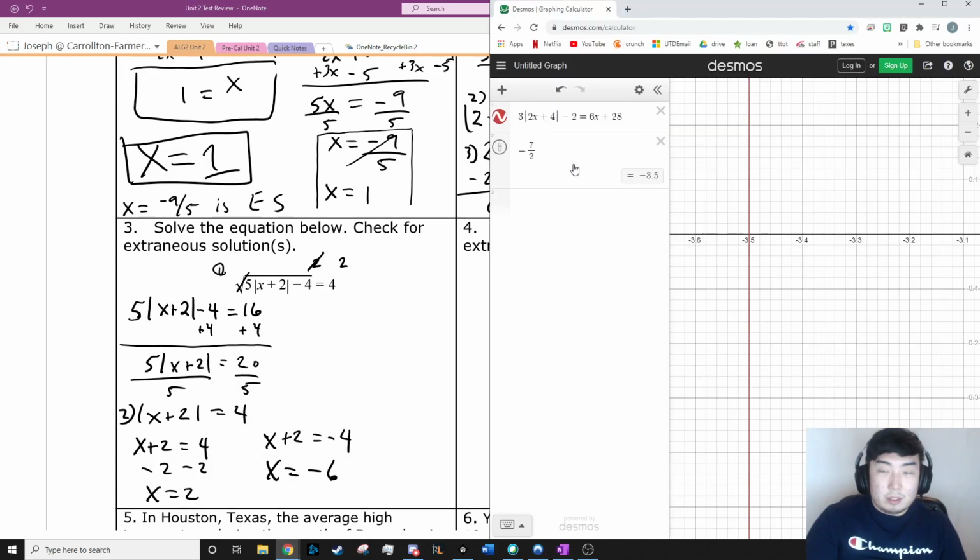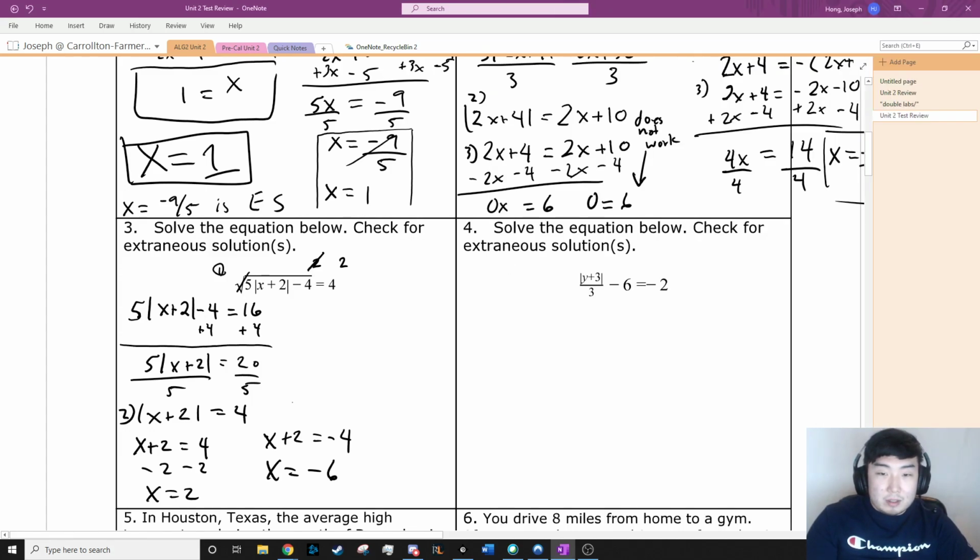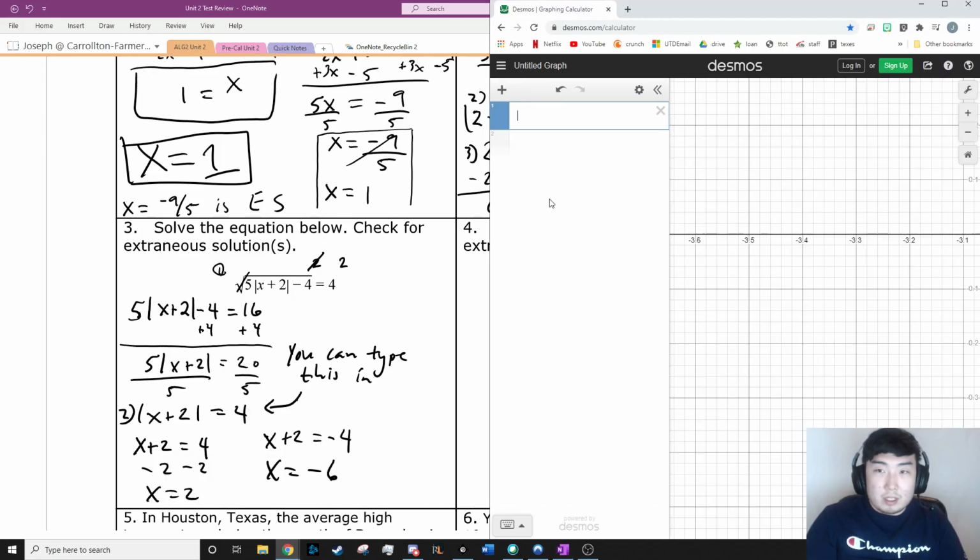So, let's say for example, you don't want to write all this junk into Desmos. You don't have to. You can type this in instead, because watch, absolute value of x plus 2 is equal to 4.